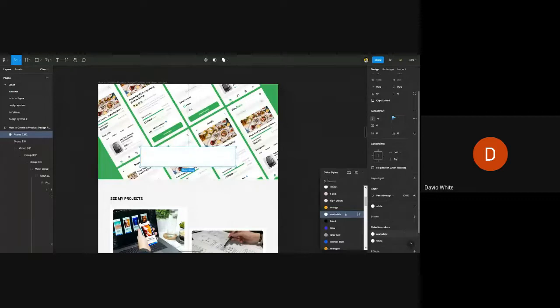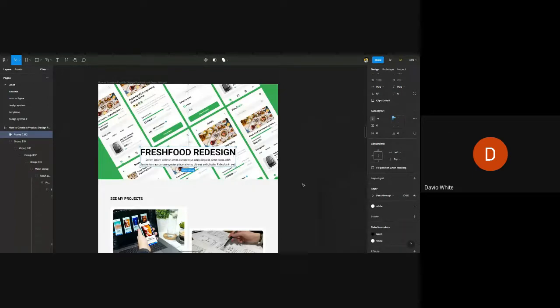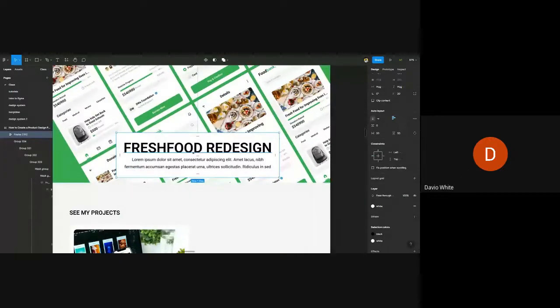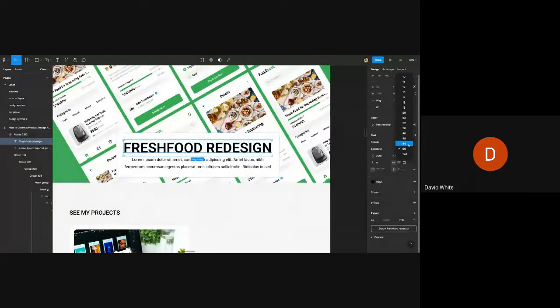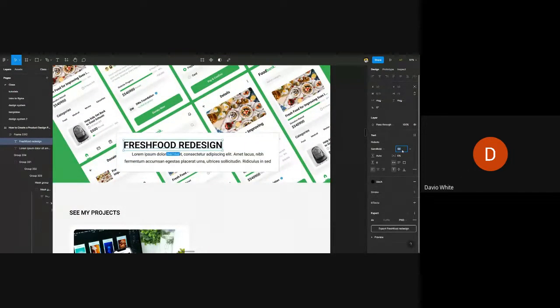Then the text would be something around black. I'll just make it black. All right. Let's do 20, 50 by 50. I'm using 50 by 50 for this. Curve it about 20. Let me reduce this to 70. This would be 28. That's fine.